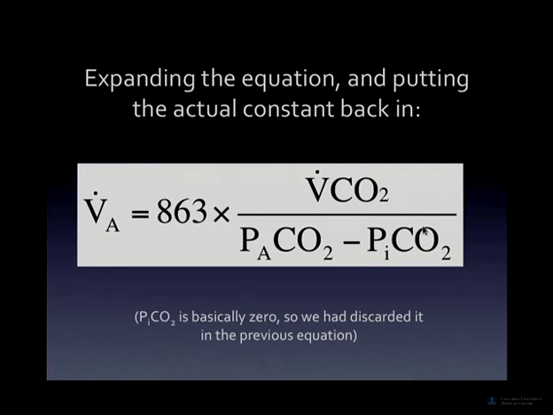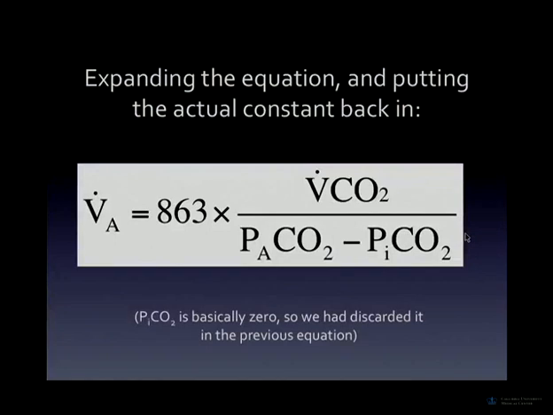But we've kind of already established that there's really no carbon dioxide in inspired gas, so we just dropped it from the earlier alveolar ventilation equation to make things look cleaner.